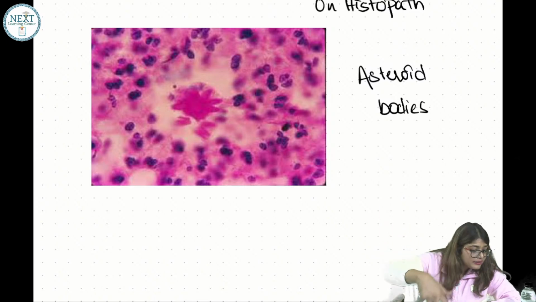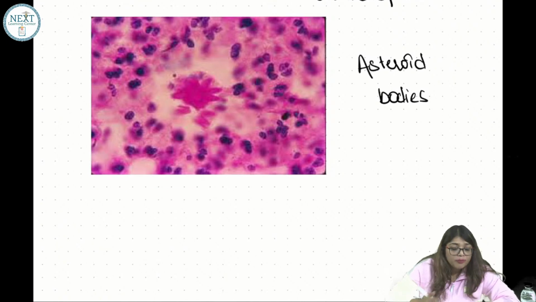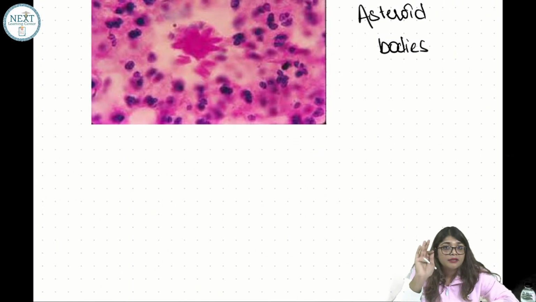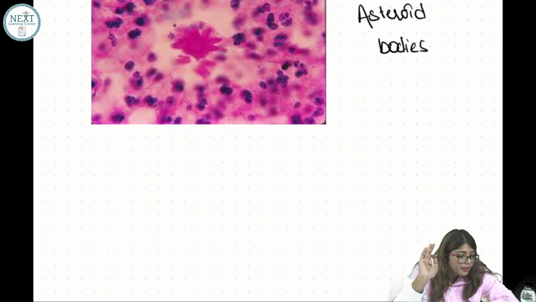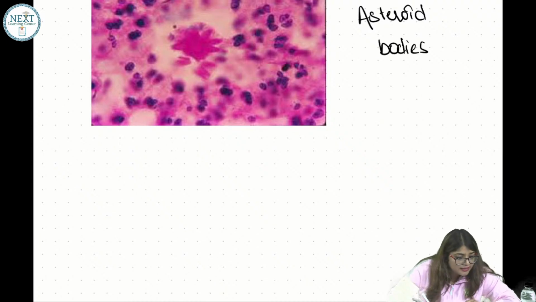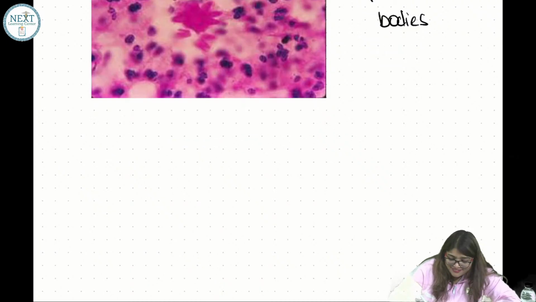Let's go back to medicine and integrate it with medicine. Where else do we see asteroid bodies? Very good. This is seen in sarcoidosis. Now remember the features of sarcoidosis.